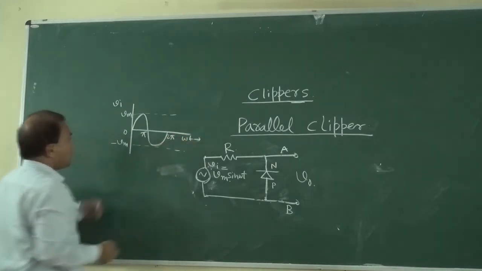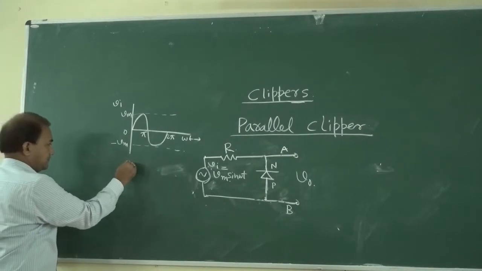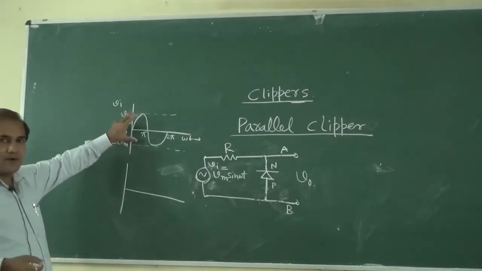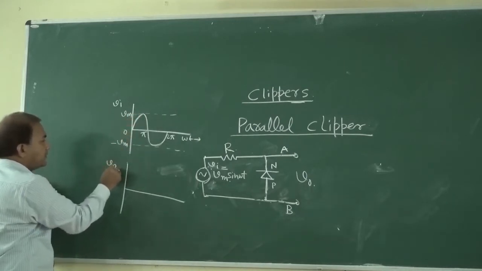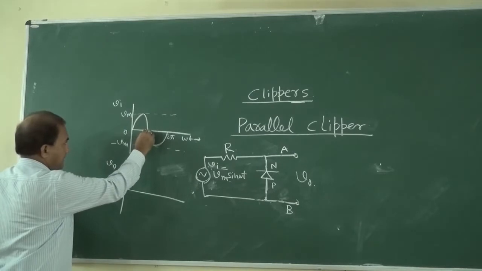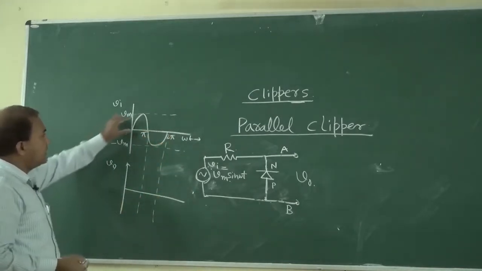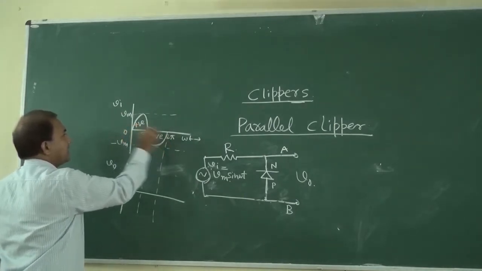This is omega t versus Vi. Then for this type of waveform we will see the output waveform V out. See, this is the positive half cycle and this is the negative half cycle.